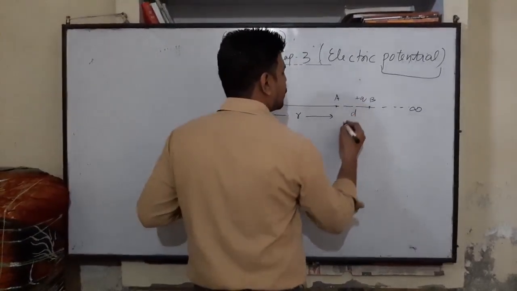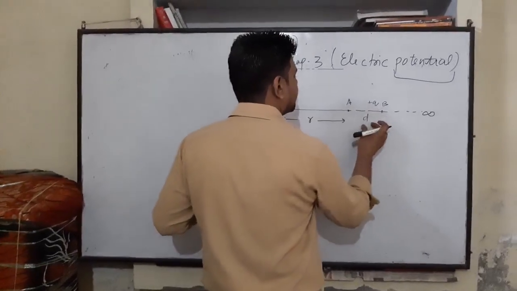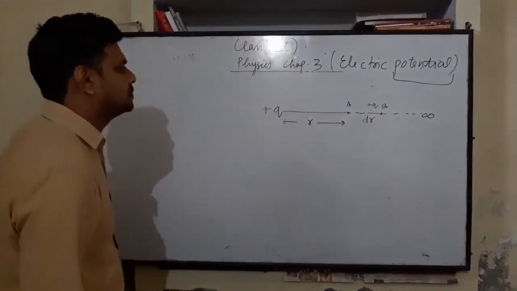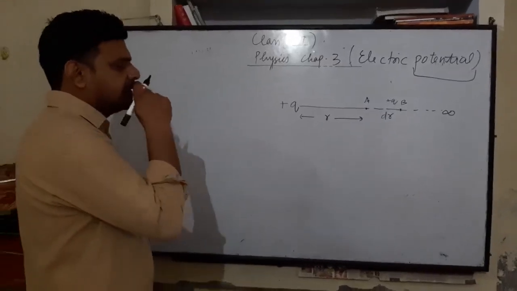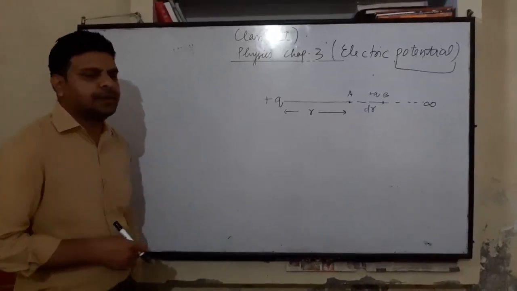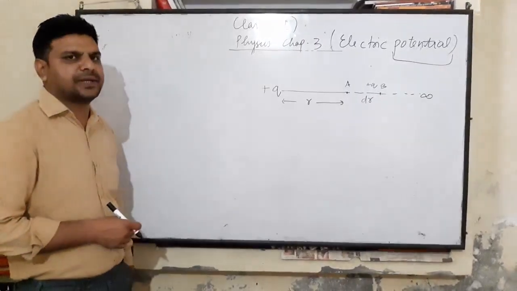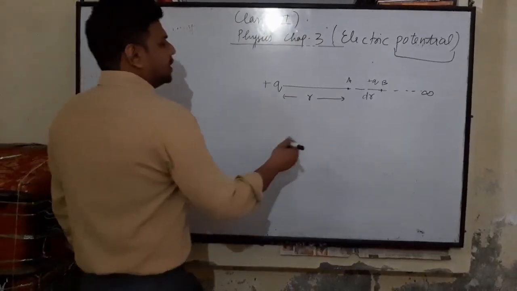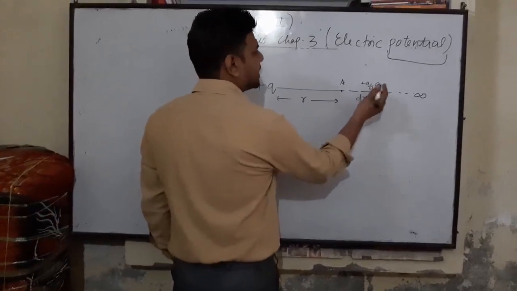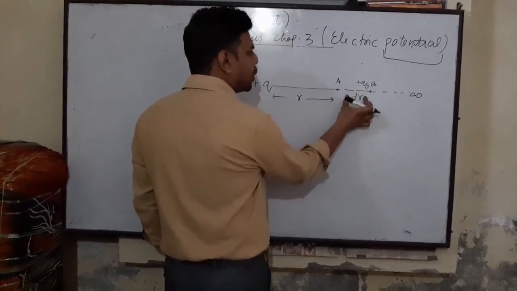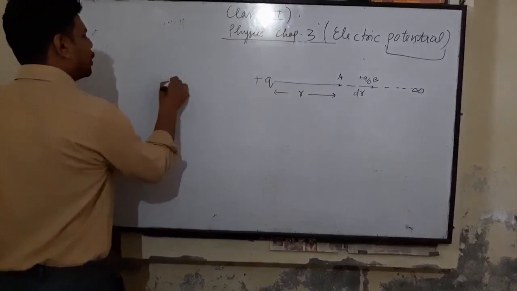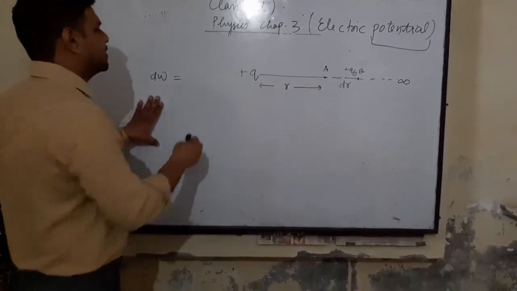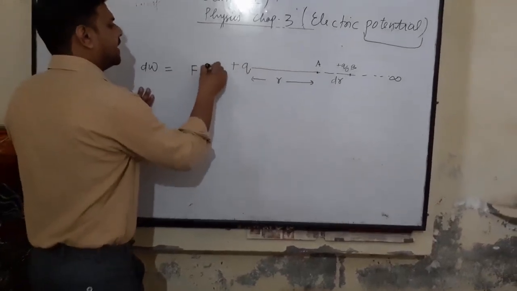Consider this a small distance dr. Now, as I told you, electric potential is the work done by some external agent. So, in moving this test charge through this small distance, the small work done dW by the external agent will be F dr negative.